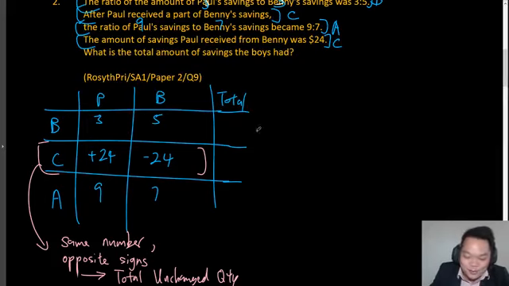So, okay, once we've established this total column, we can, of course, add up these two. 3 plus 5 will give us 8. 9 plus 7 will give us 16. And because your total remains unchanged, your 8 big blocks over here will be the same as the 16 small blocks over here.